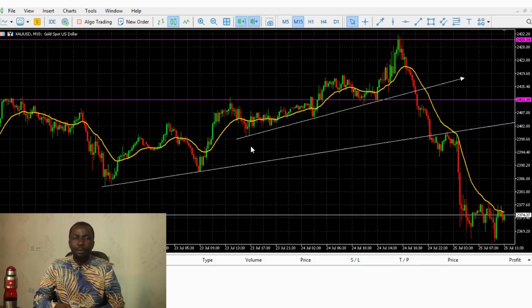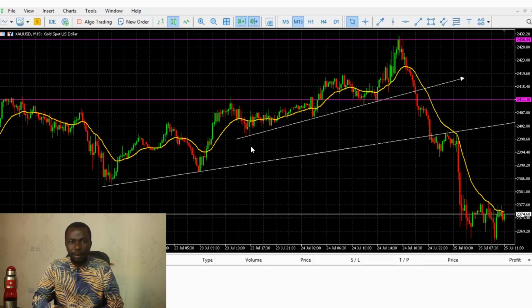The reason why I'm using the moving average is to stand as a guide, to tell me the direction that the market is moving. I also use multiple time frames for confirmation of trend. But most importantly, I take my trades from the 15-minute time frame, which is the best time frame for intraday traders.